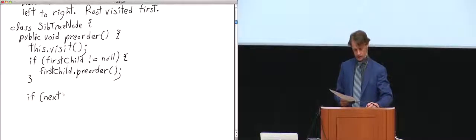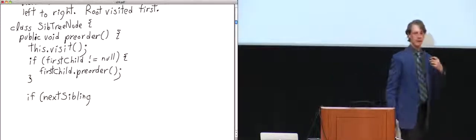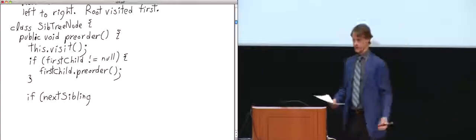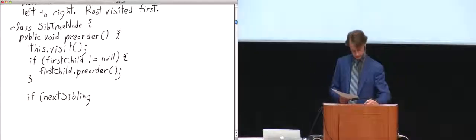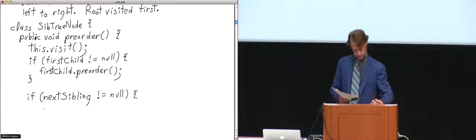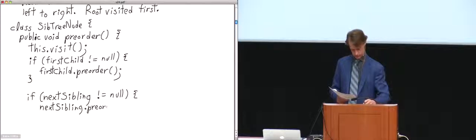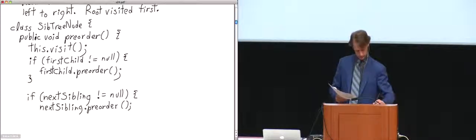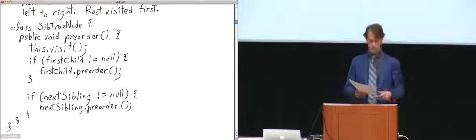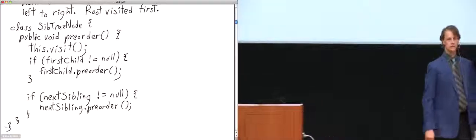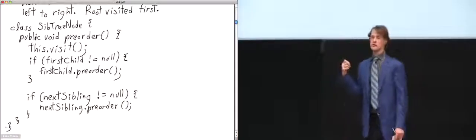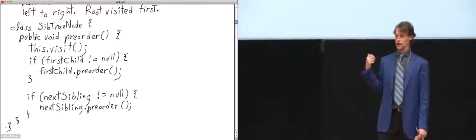After we visited all our children, we need to do our part in making sure that all of our parents' children get visited by calling pre-order recursively on the next sibling. So as I said before, this code is a little bit tricky, even though it's short.